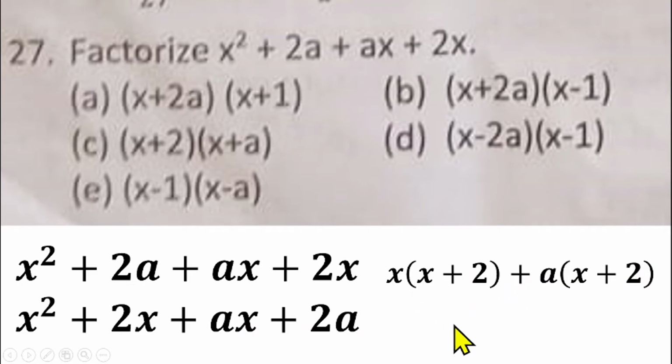So you have x plus a into x plus 2. That is what you get when you factorize this expression. Let's see the option: x plus a, which makes option C the right answer for question number 27.